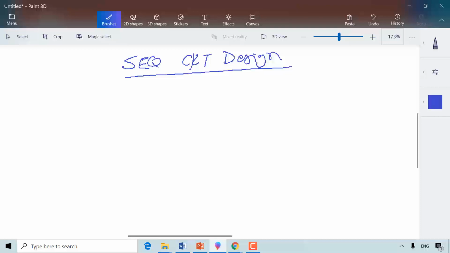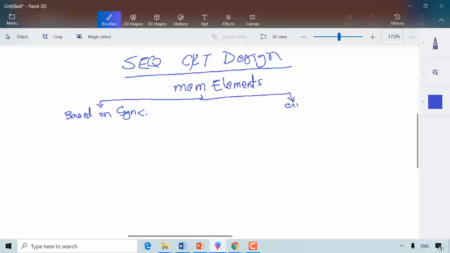Memory elements, or sequential elements if you will, can be classified based on synchronization, and can be classified on the circuit type, or if you will, implementation.